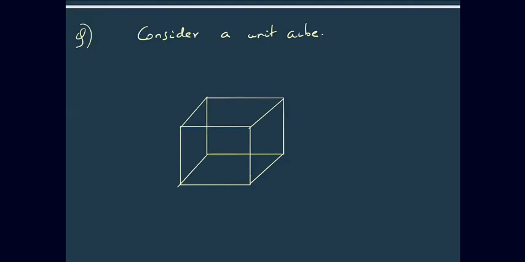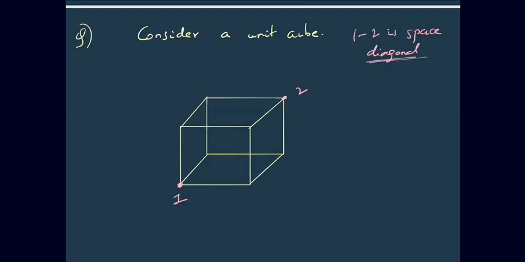Let us take this point as point number 1 and this point as point number 2. So 1 2 is the space diagonal of this cube. It is a unit cube, which means the side length is 1.